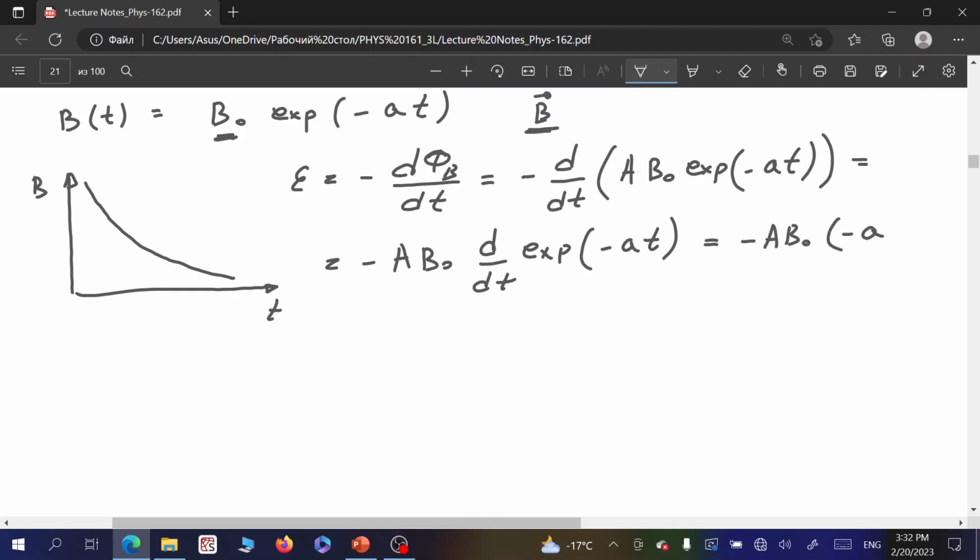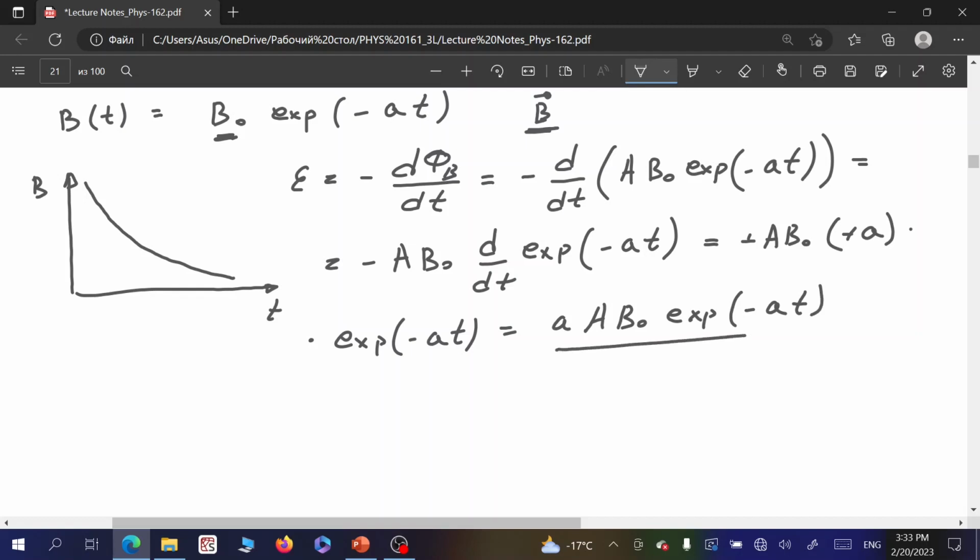Here will be minus A times exponent minus A t. And eventually we cancel out these two minuses. We will get A times area times B naught exponent minus A t. So this is the expression for electromotive force.